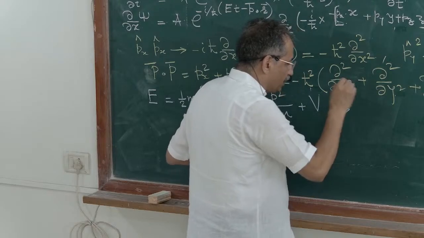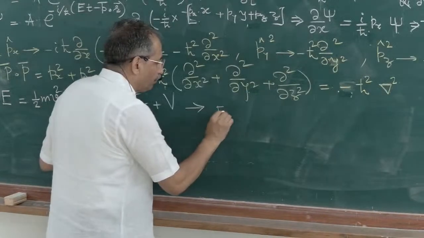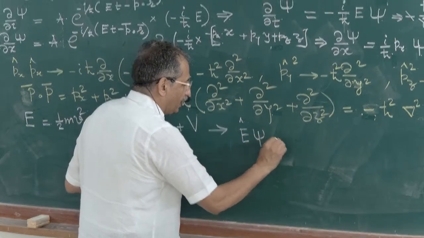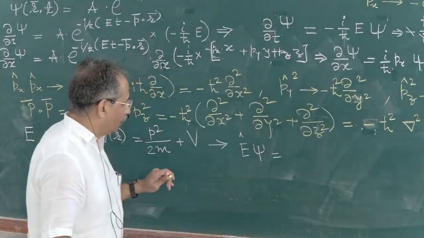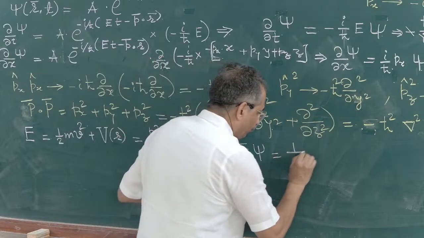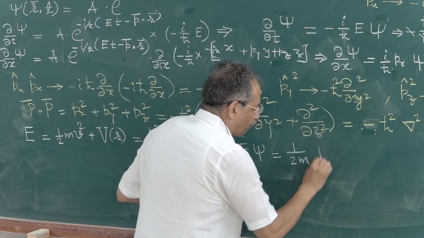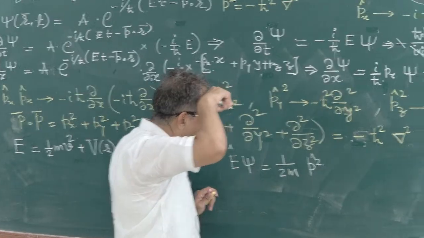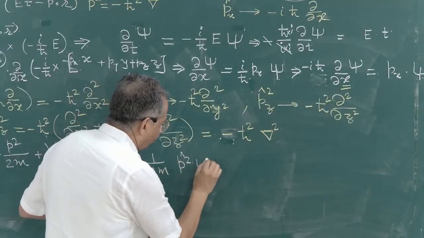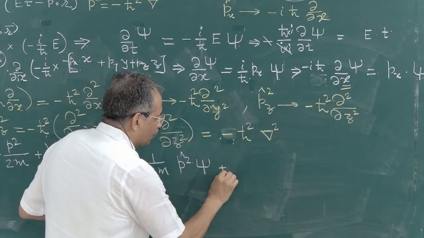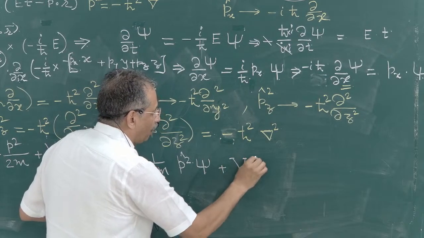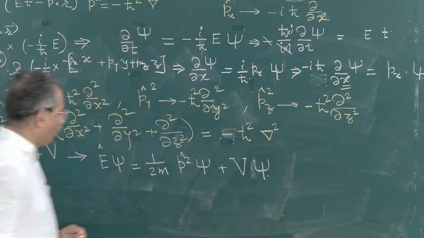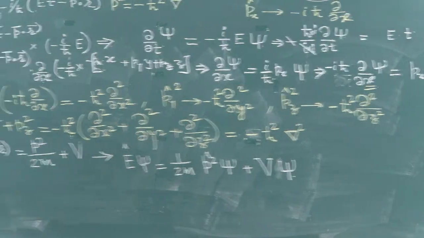So this energy equation I am writing as E cap operated on wave function psi, that is equal to 1 upon 2m p cap square, that is momentum square operator operated on wave function psi, plus V operated on wave function psi. So this is what is called Schrodinger's equation.